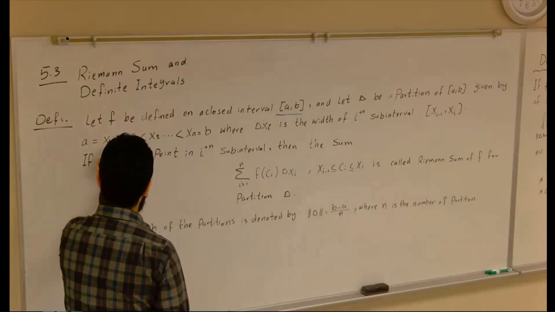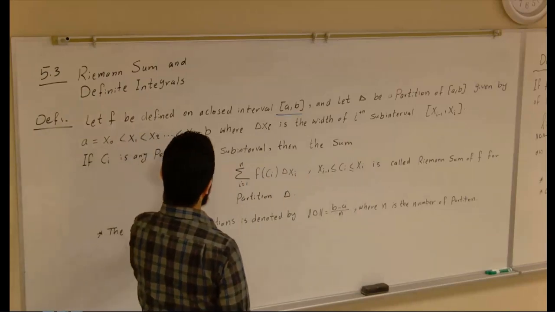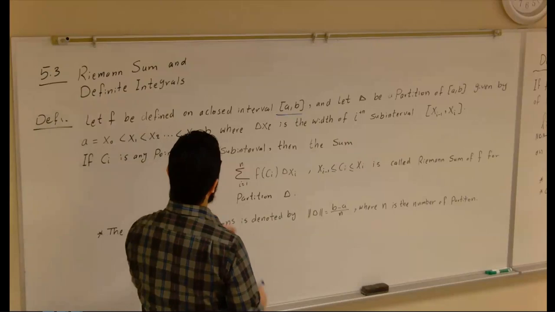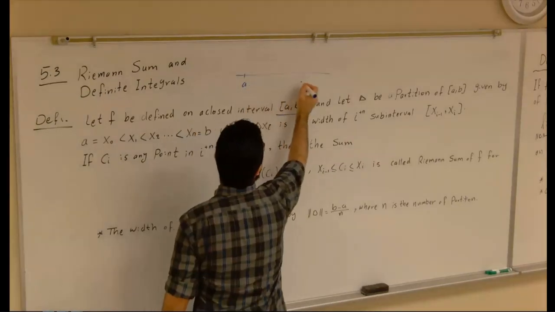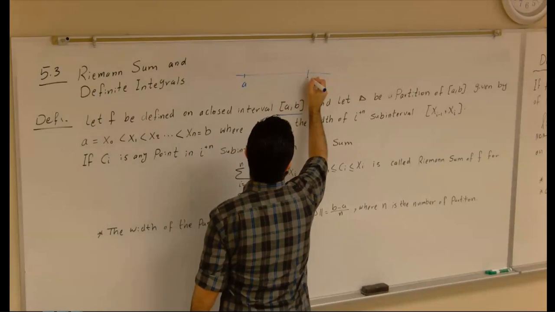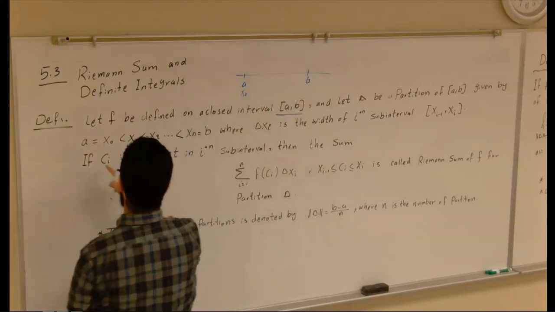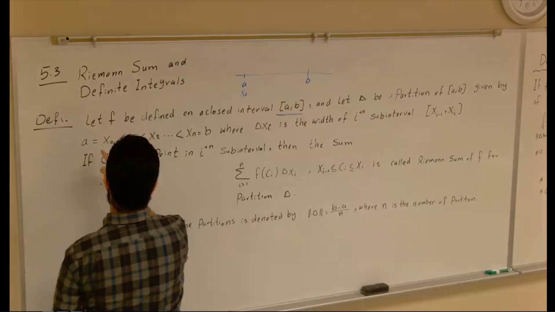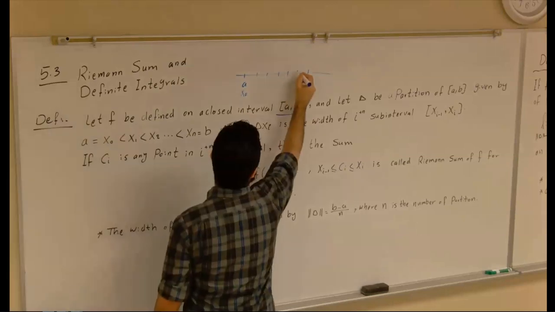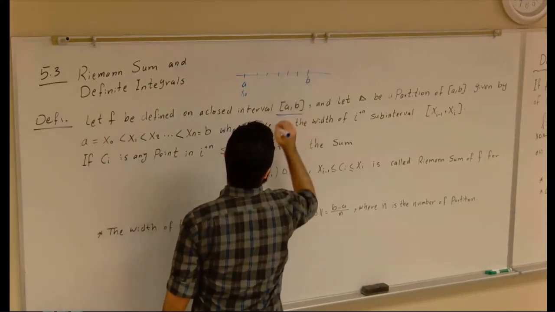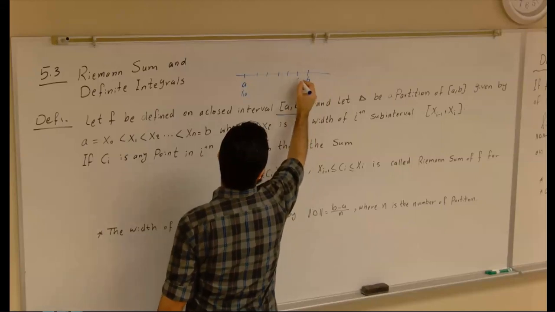Here's the first subinterval. Here's the second subinterval. Here's the third one. This is a, and here's b. So I'm going to say here is x0, because x0 is the first number. Here is x1, x2, x3, x4, and keep going, x5, until the last one, x6.